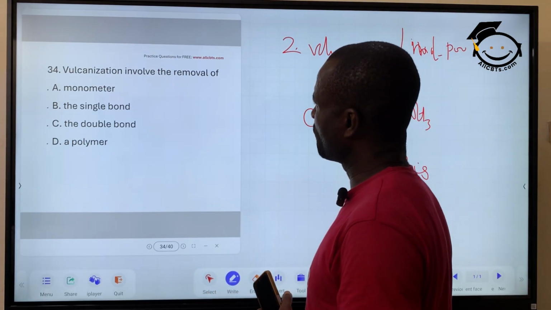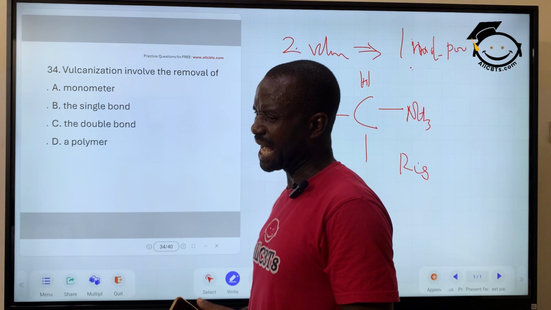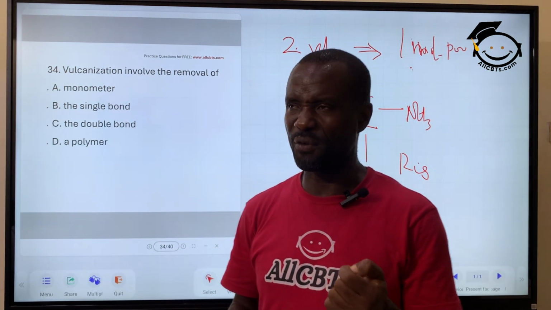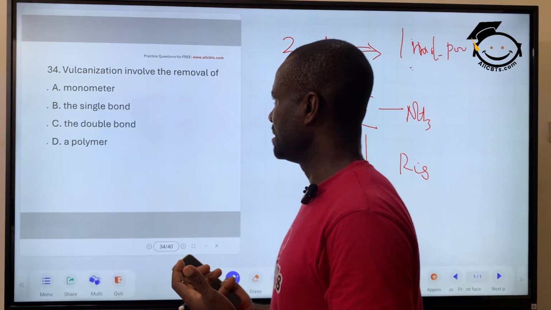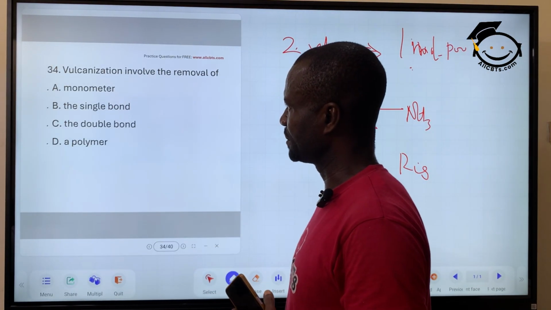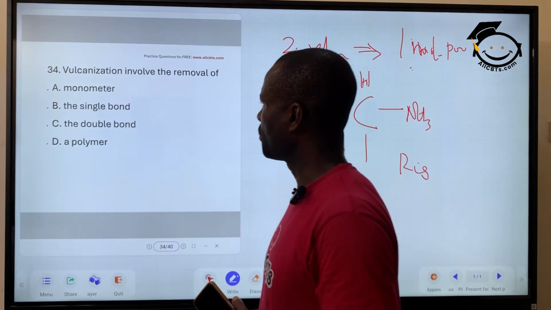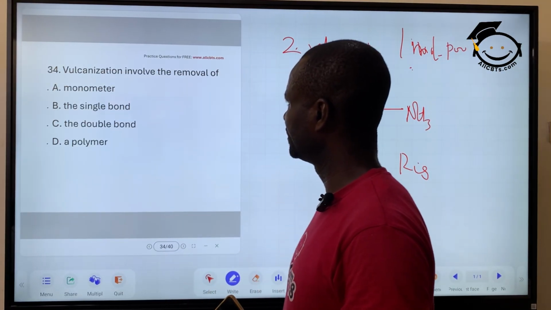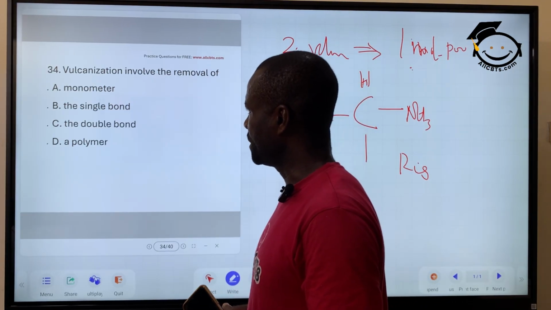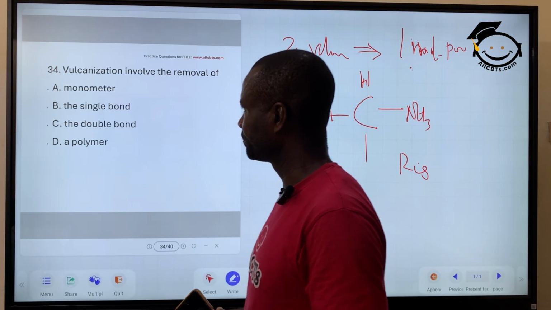Vulcanization means hardening of rubber by introducing an element called sulfur. Sulfur makes the rubber become hardened by a process known as vulcanization. A. Removal of monomer. B. The single bond.